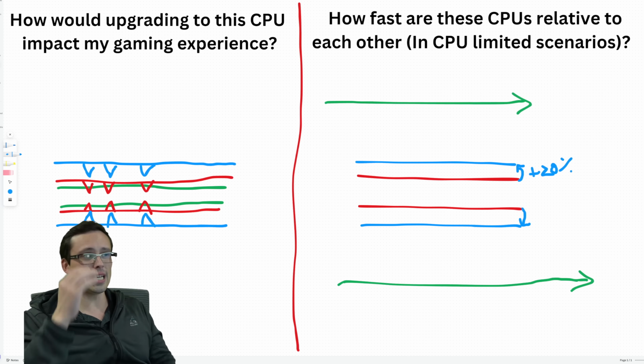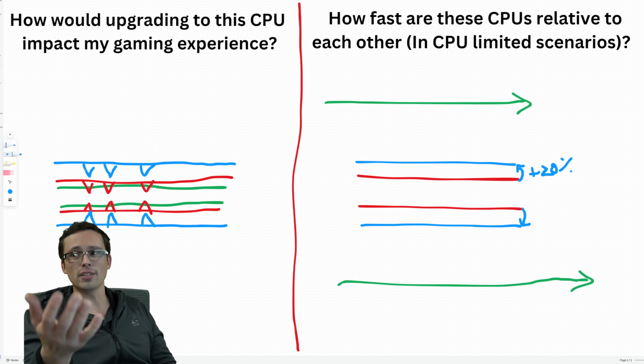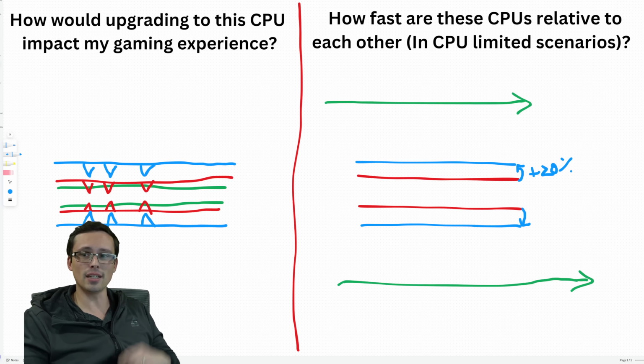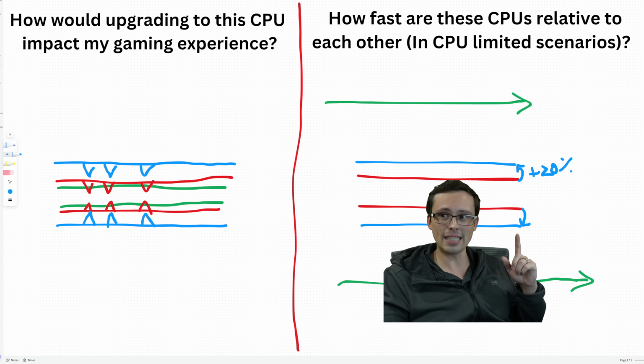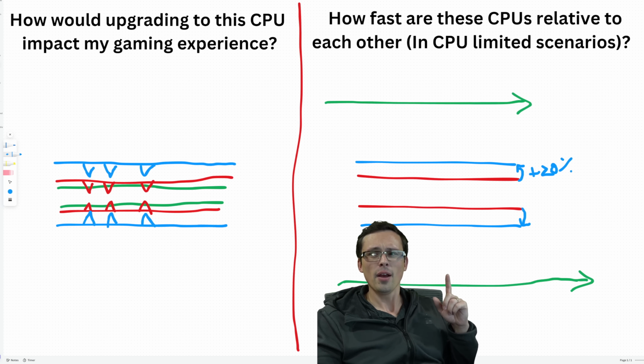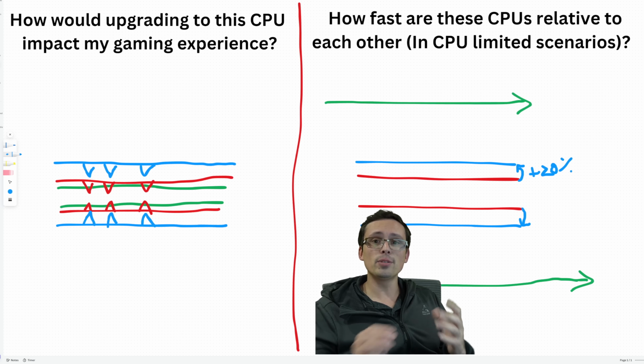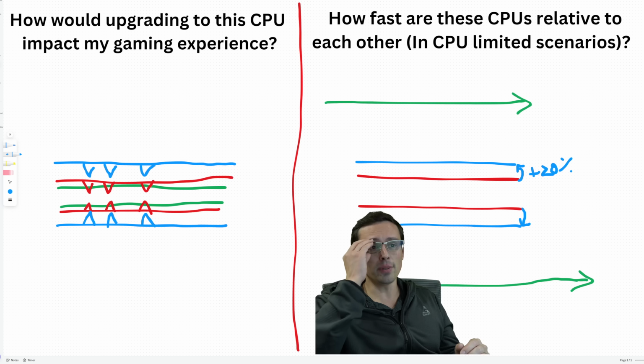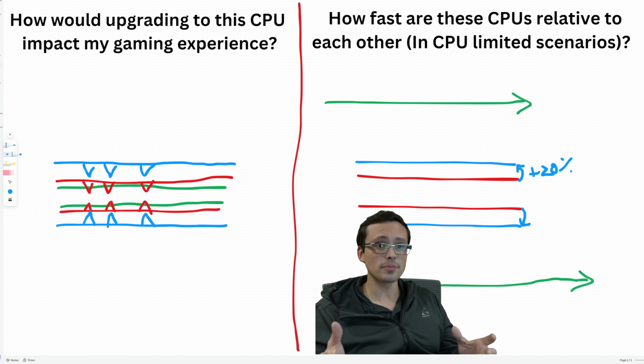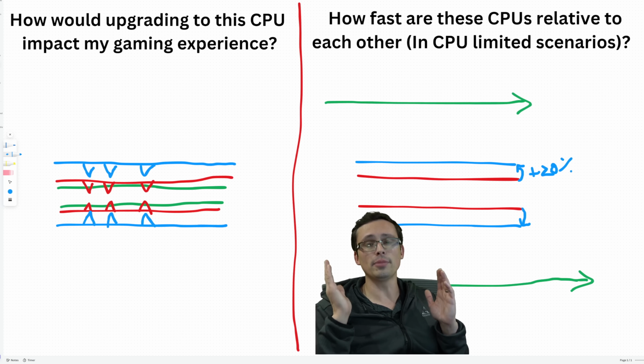So the main takeaway is, as a viewer, just understand what you're looking at, right? Because you're not necessarily going to always get the CPU performance gain. But what this kind of review is definitely good for is somebody who's building a whole new system. If you're building an entire new system and you want to choose which CPU is the best value, best performance per dollar, or just best overall, this absolutely helps you answer that question.